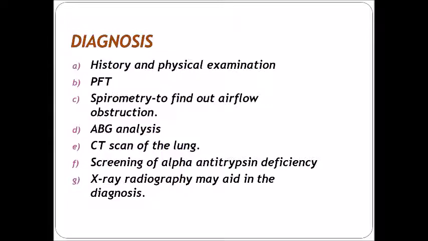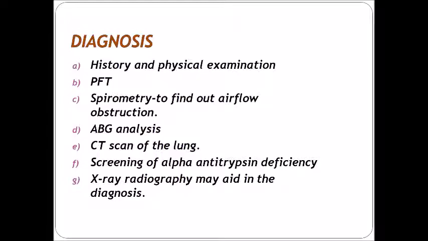After watching the clinical features, now the doctor should diagnose the condition. So diagnosis always starts with history taking. After taking the history, go for physical examination, then go for investigations like PFT, pulmonary function test, then comes spirometry, arterial blood gas analysis if required, CT scan of the lung.